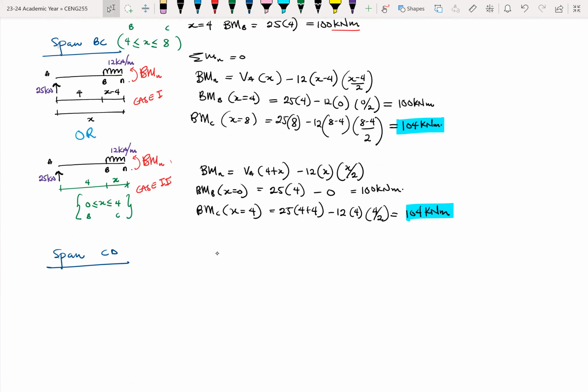So let's look at span CD, again from the left-hand side. So I have my beam, my reactions, my UDL.